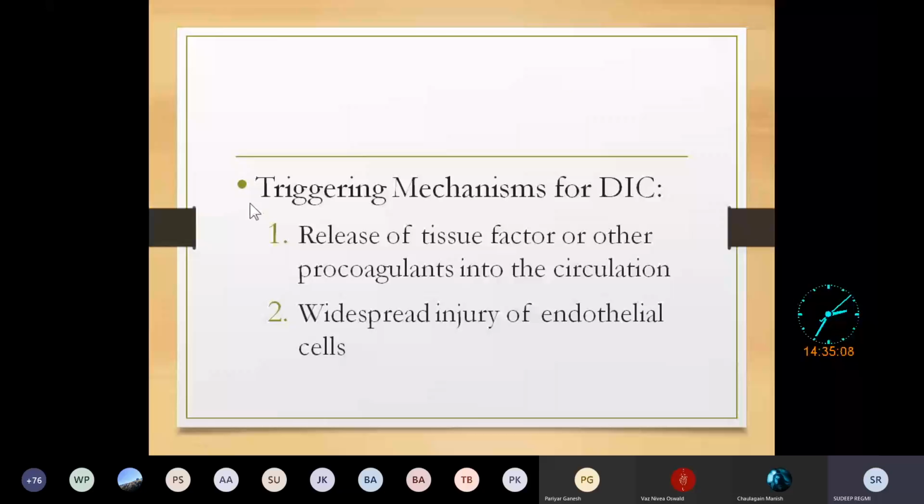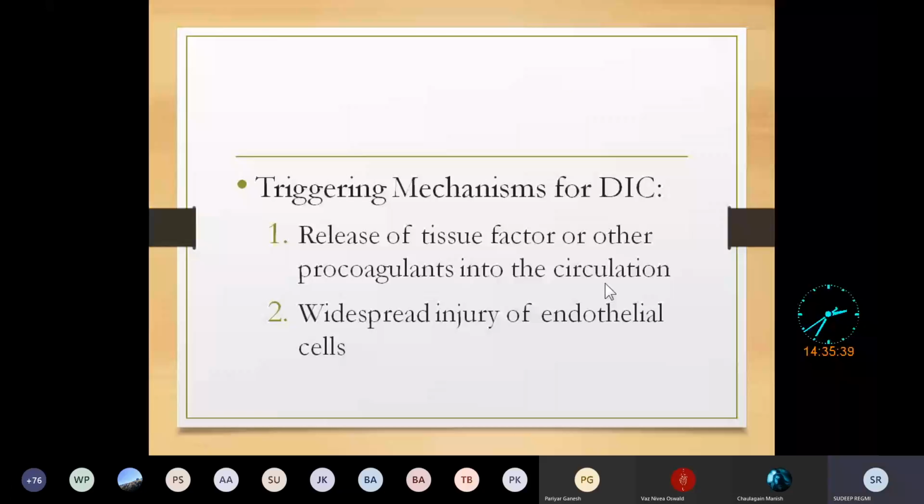Now, what are the triggering mechanisms for DIC? So, the first one is release of tissue factor or other procoagulants into the circulation. There will be release of tissue factor because this is the potent activator of the extrinsic pathway of coagulation, or other procoagulants into the circulation due to any diseases.